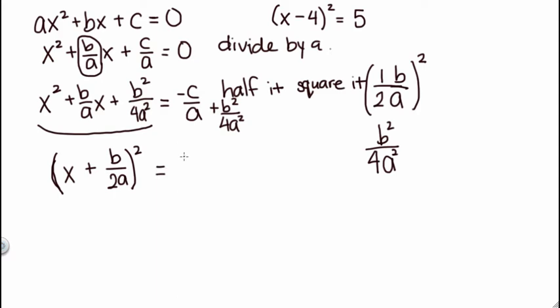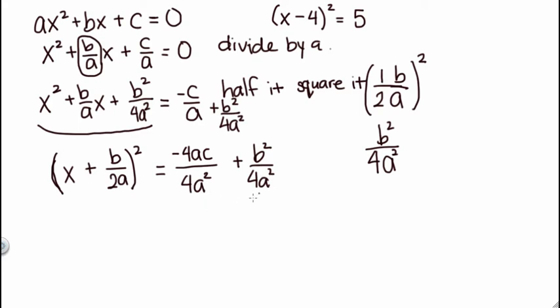And then on the other side, I need to get a common denominator because I'm adding, right? So to c over a, I'm going to multiply each part by 4a. So I get negative 4ac over 4a squared, plus b squared over 4a squared.